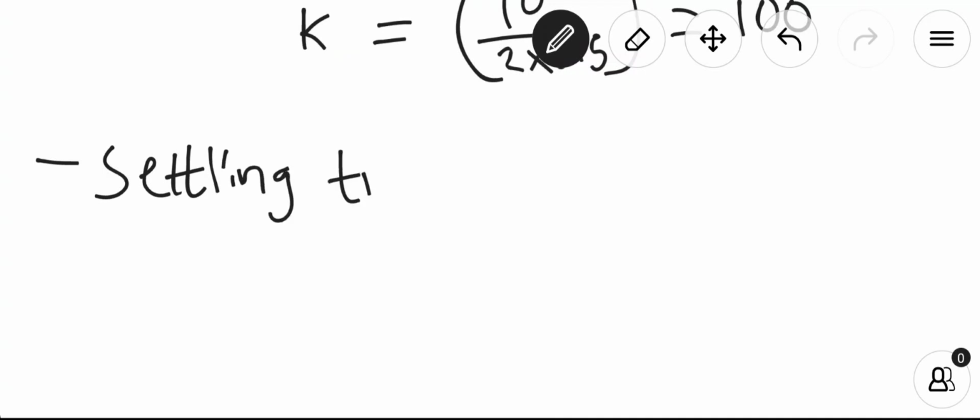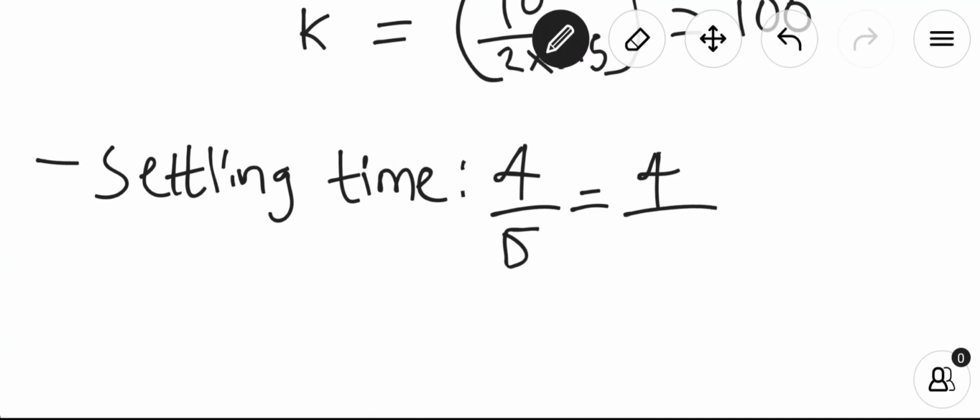Now we are asked to find, for this value of K, the settling time. Settling time, I also gave you the formula in my previous video. Settling time for 2% criterion is 4 over sigma, and sigma is zeta times omega subscript n.